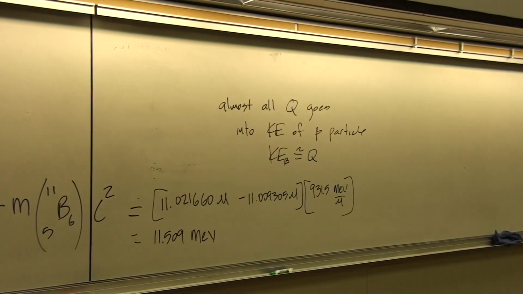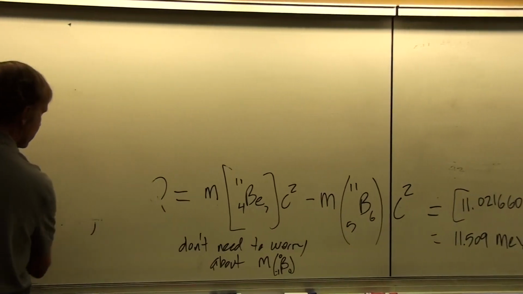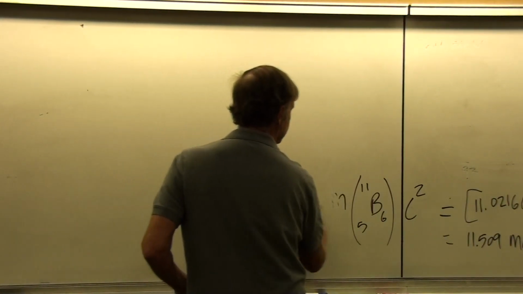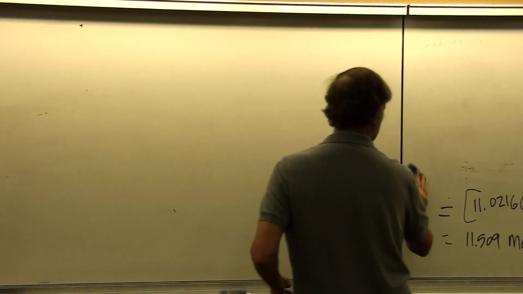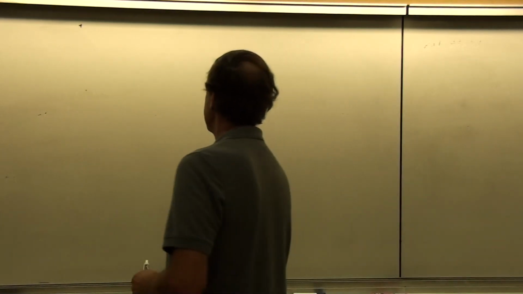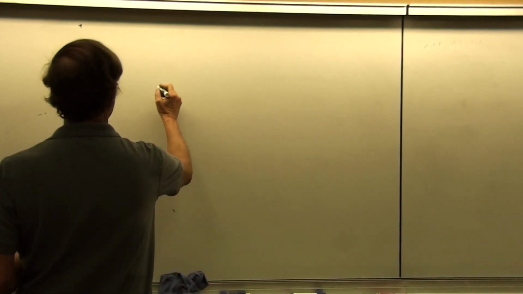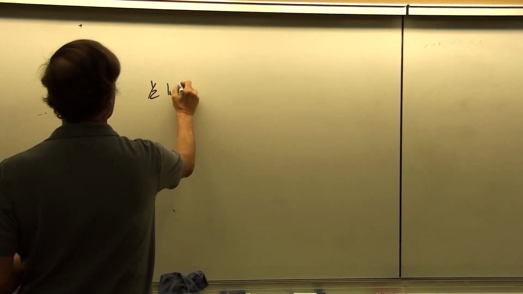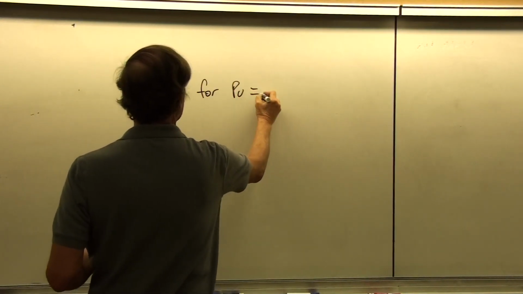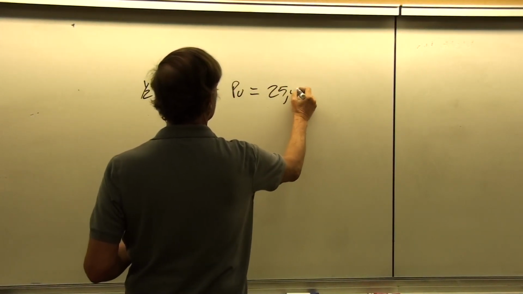But one last thing I wanted to look at in this lecture is the mathematical technique for determining the radioactive decay rate. So let's do this for a plutonium atom. Let's say that the half-life for plutonium is equal to 25,000 years.